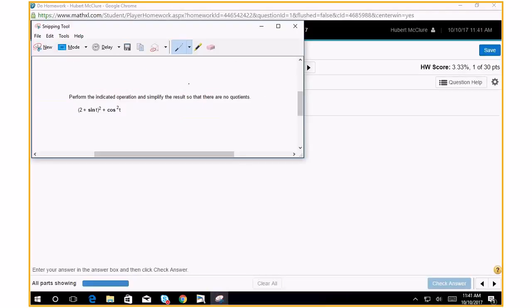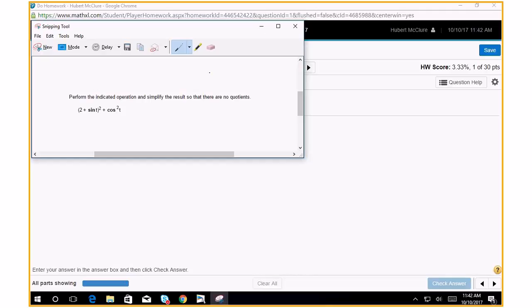Perform the indicated operations and simplify the results so that there are no quotients. A squared minus B squared is equal to A plus B times A minus B. I don't know if that's the way you want to do that or not.